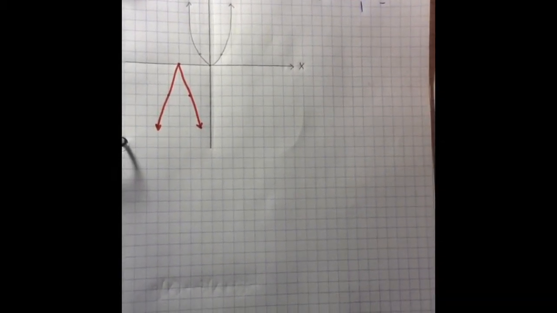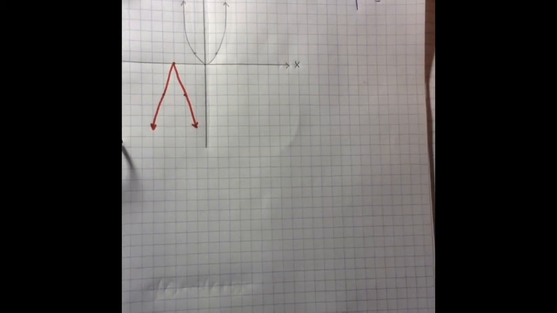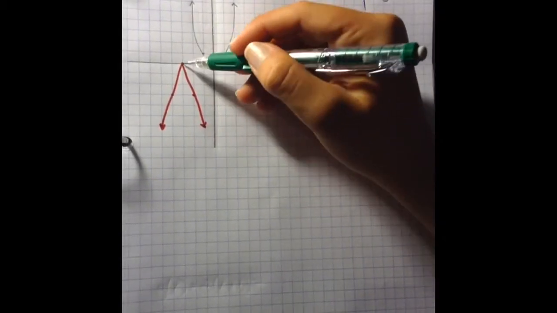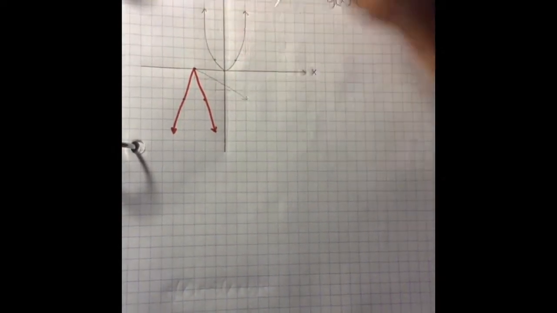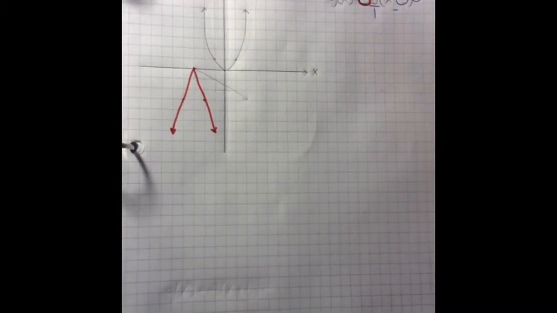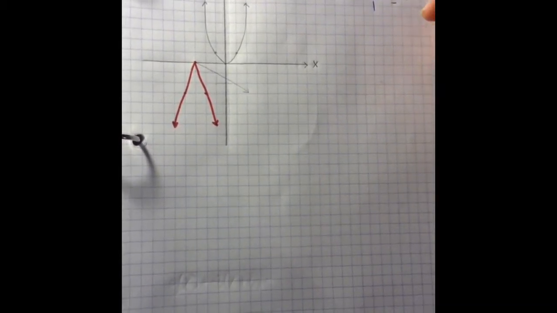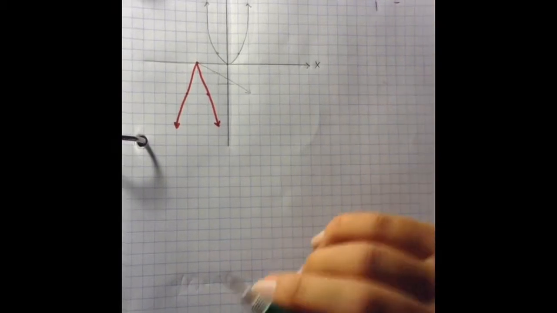But if it's like 1/2, it would be wider, because you'd be going down 1 over 2, down 1 over 2, so it would just get a lot wider. And then inside of the parentheses, just make sure if it's a positive, always switch it to a negative, or if it's a negative, always switch it to a positive, because when it's in the parentheses, it's always the opposite.